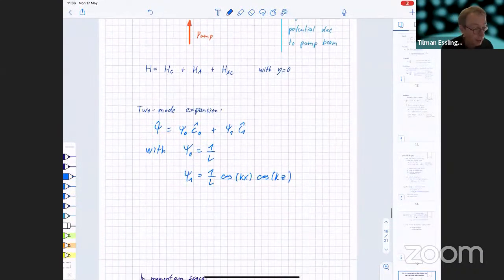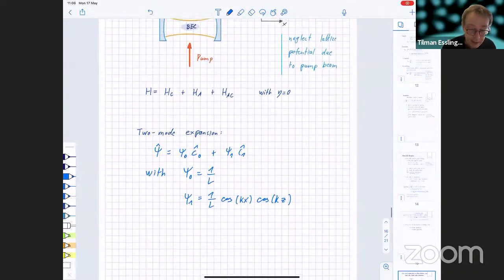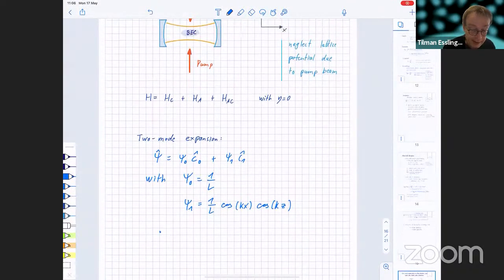What you have is that you pump the system and the atoms can scatter photons from the pump field into the cavity mode.